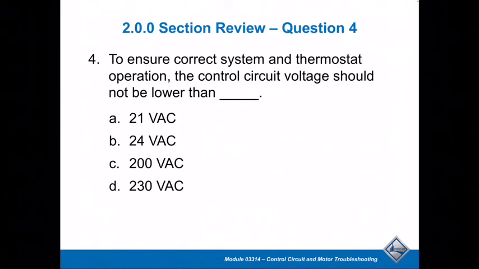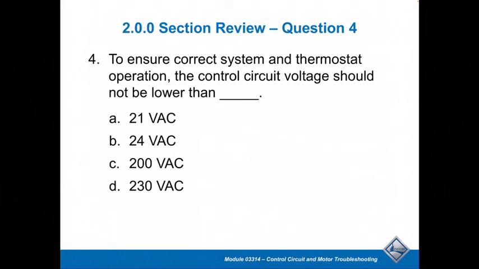Fourth question says, to ensure correct system and thermostat operation, the control circuit voltage should be not lower than. The key thing is control circuit voltage, and the question is what would you like to see and what is really needed. If there is not a load on it, I would expect to have at least 24 volts.